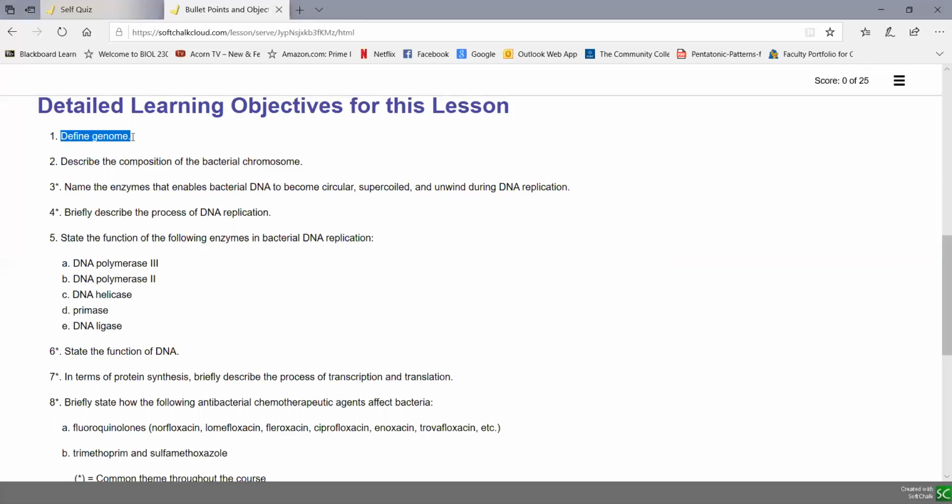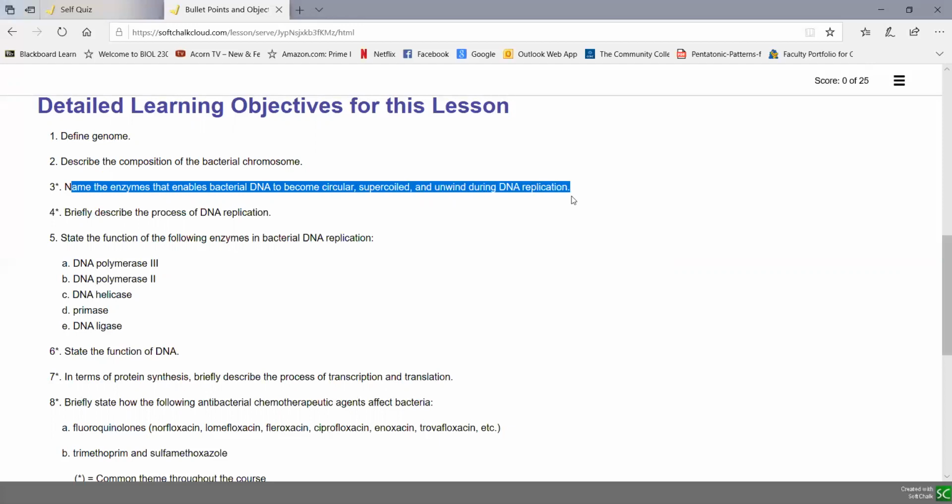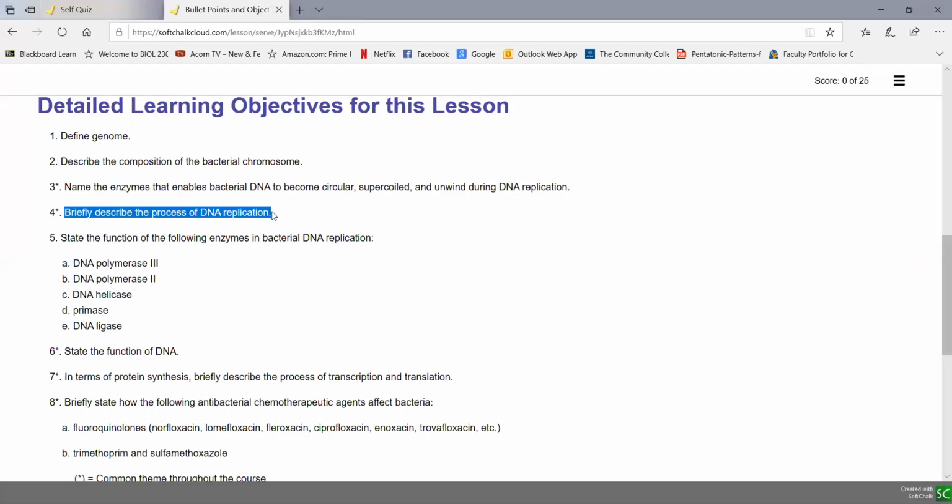Define genome. Describe the composition of the bacterial chromosome. Name the enzymes that enable bacteria to become circular, supercoiled, and unwind during DNA replication. Briefly describe the process of DNA replication. State the function of the following enzymes in bacterial DNA replication: DNA polymerase III, DNA polymerase I, DNA helicase, primase, DNA ligase.